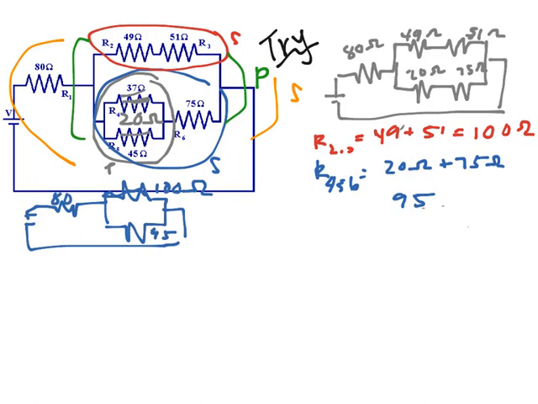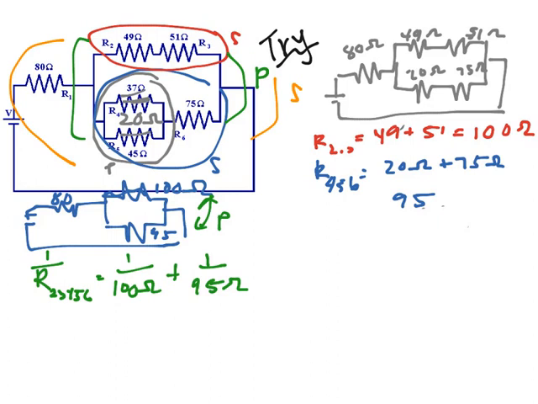Now we have to solve these two, which are in parallel. So our R equivalent of 2, 3, 4, 5, and 6, so pretty much all of them, is equal to 1 over 100 ohms plus 1 over 95 ohms.